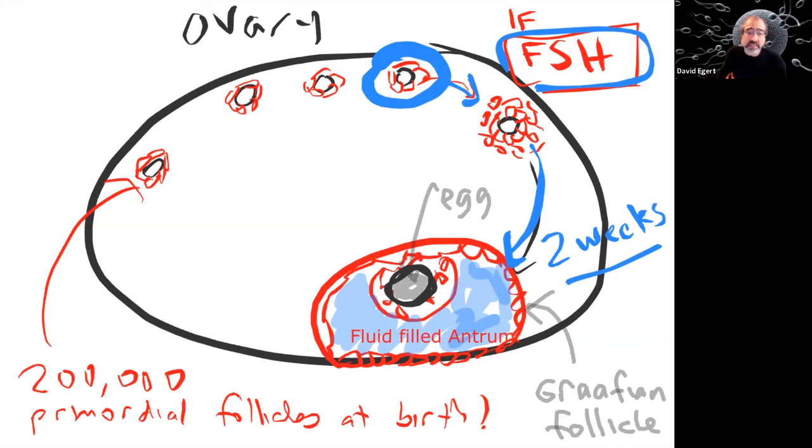And typically, when FSH is going up, there's more than one of these primordial follicles that starts developing. But as they keep developing, most of them kind of just die off. So a few will start this process, but only one will successfully complete the process. The other ones just degenerate. I can give you the word.